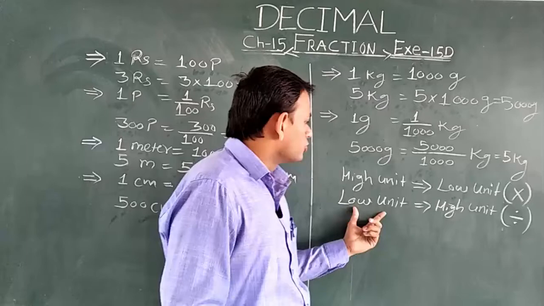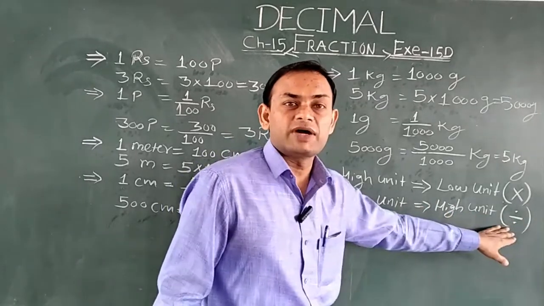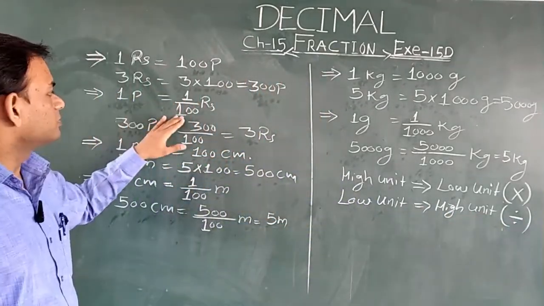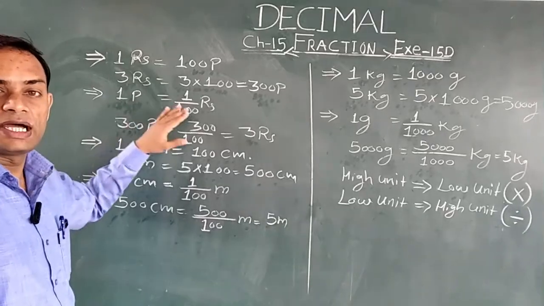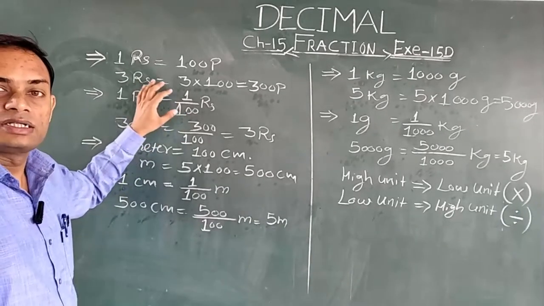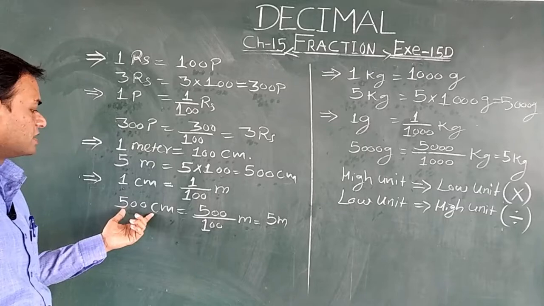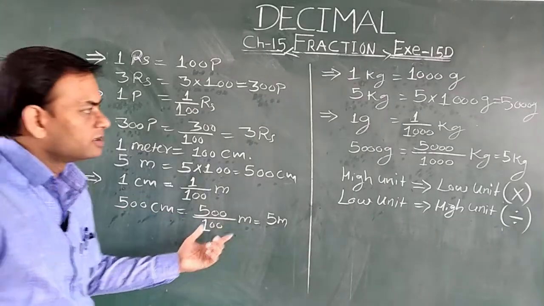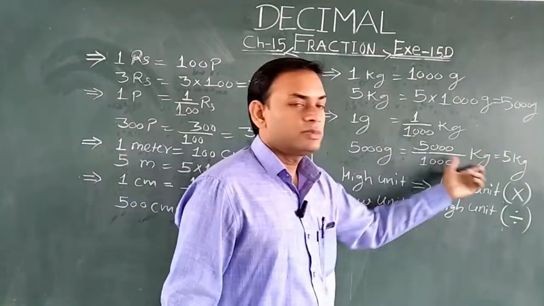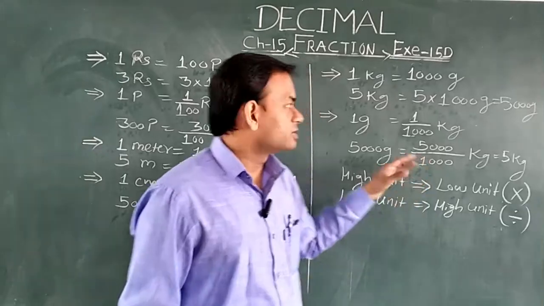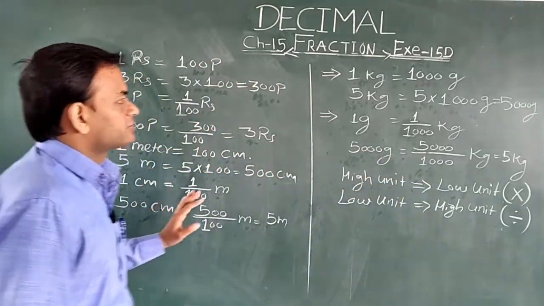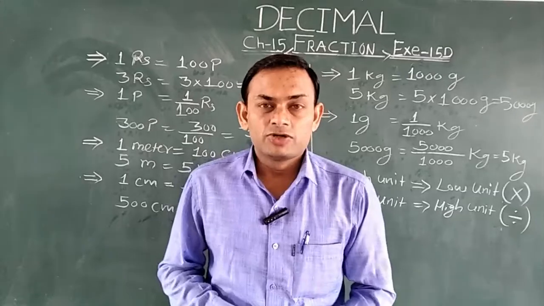And when you change a low unit to a high unit, you divide. Like paisa to rupees, we are changing low unit to high unit, so we divide. Same with centimeter to meter, division, and gram to kilogram, division. Got it? So these were some things necessary to make you understand.